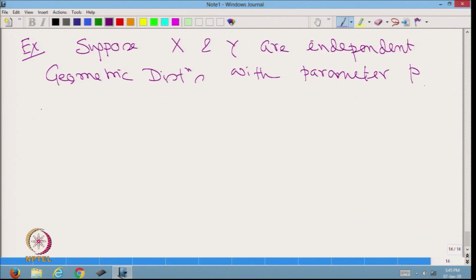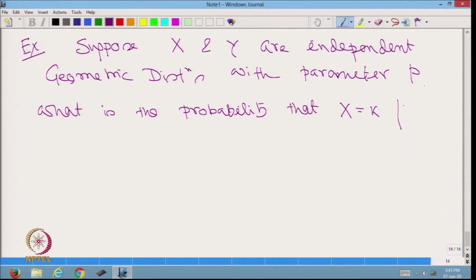What is the probability that X is equal to k given that X plus Y is equal to m, where m is greater than k?